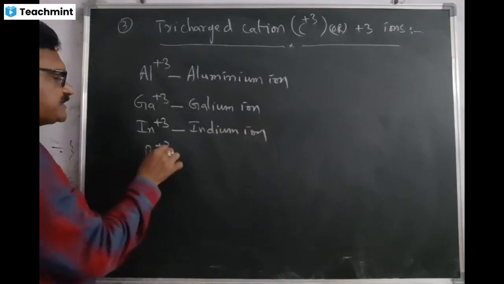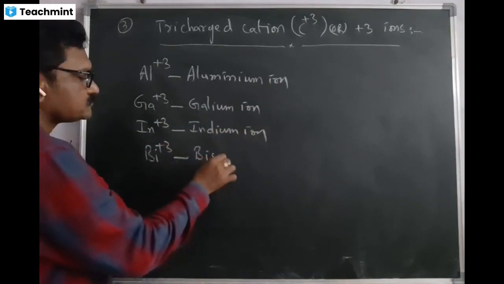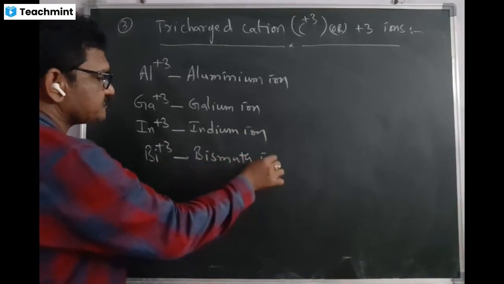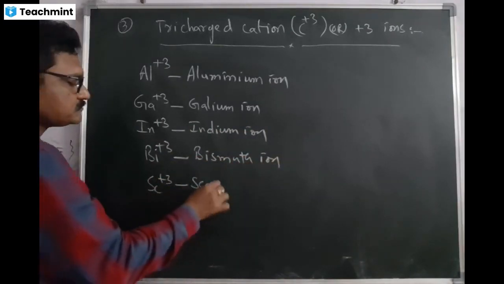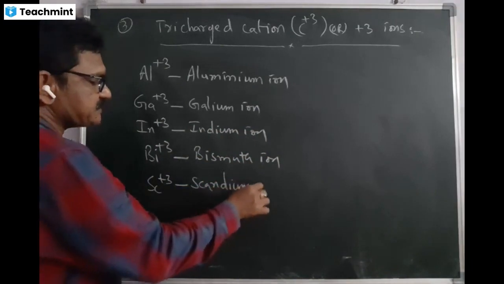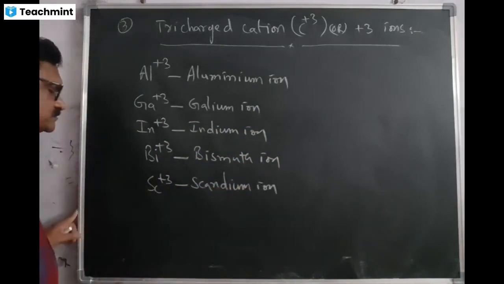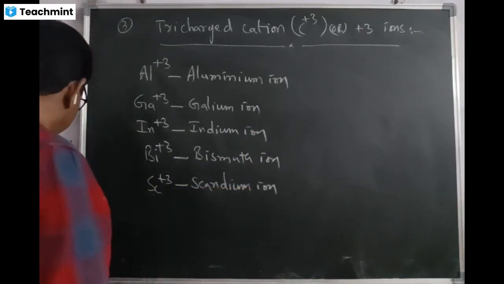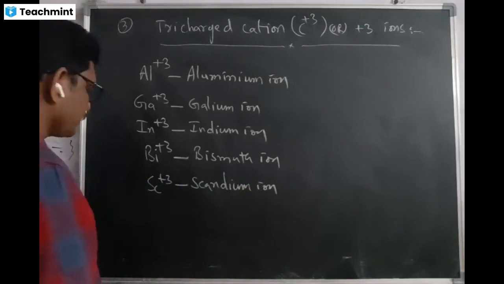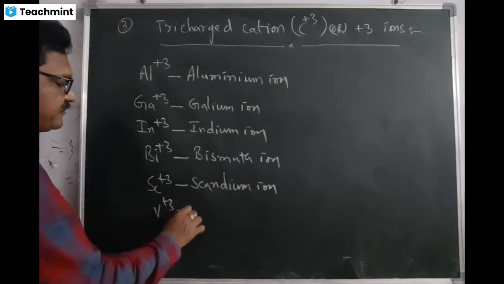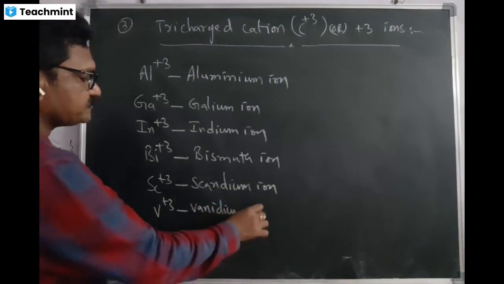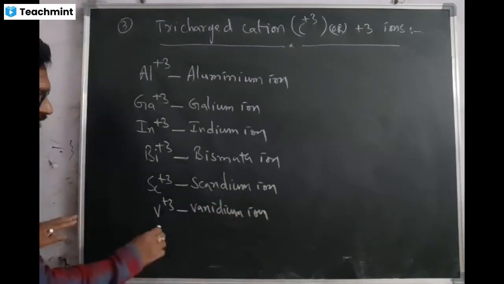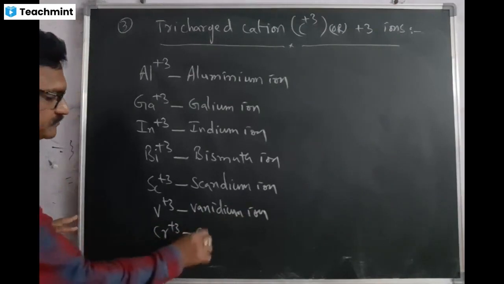Bi plus three, bismuth ion. Sc plus three, scandium ion. V plus three, vanadium ion.